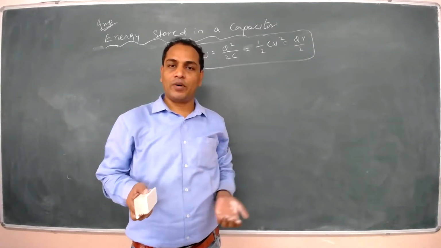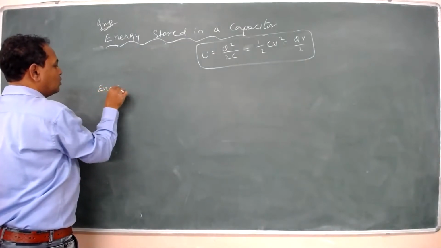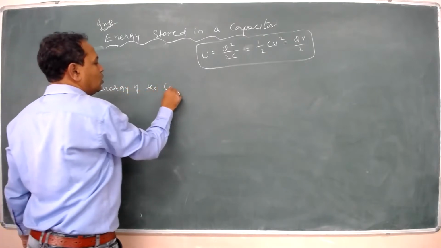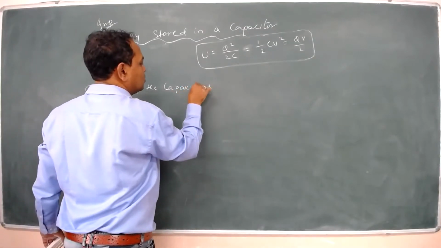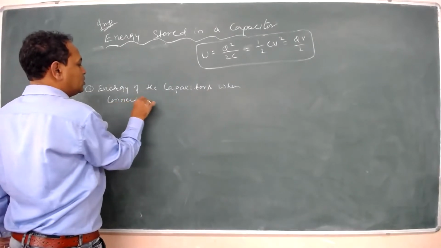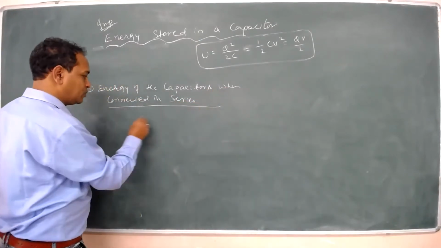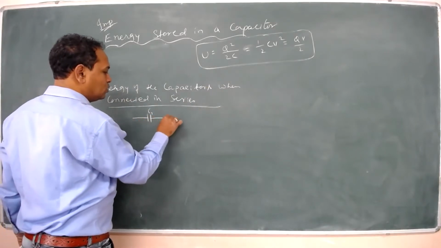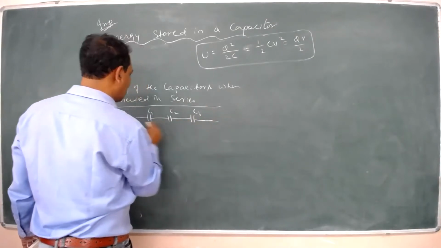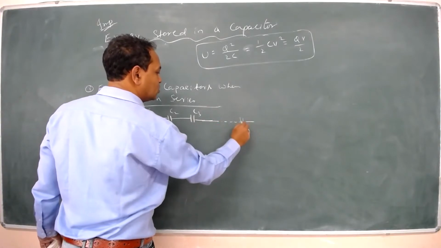First, the energy of the capacitors when connected in series. Suppose this is C1, C2, C3. Suppose I am taking these three, or otherwise I will extend this up to Cn.